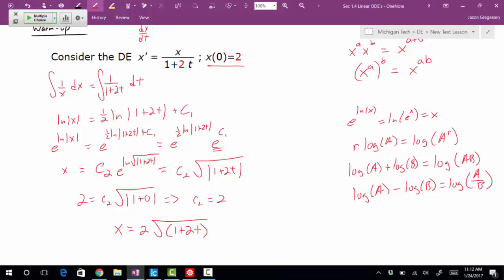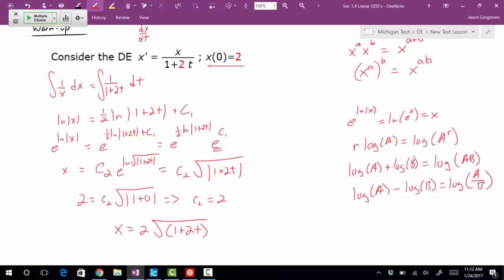Now, when I look up at that differential equation, I can see right away that I have a domain problem for my t values. What are the domain restrictions for t based on the differential equation? T can't be equal to -1/2, right? That's a power.